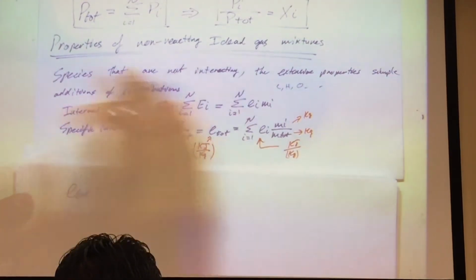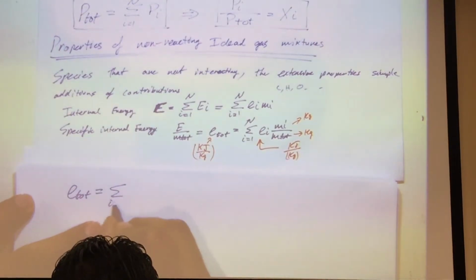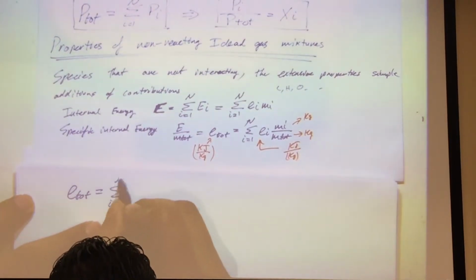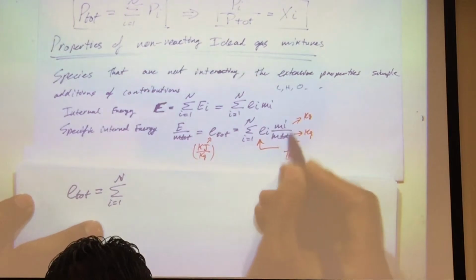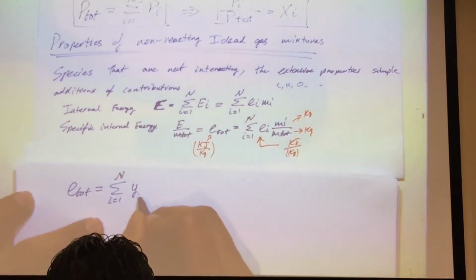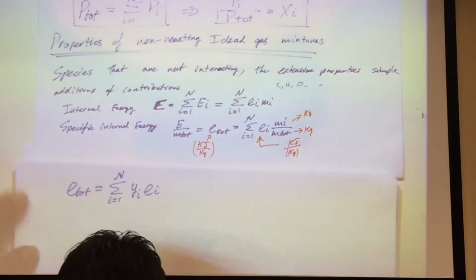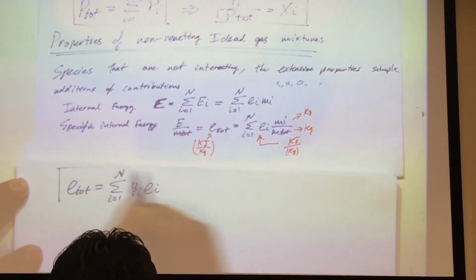We're going to use all the equations. i equals 1 to n, and we just said that this is my mass fraction of that species multiplied by e_i. So that's the general form of my equation.